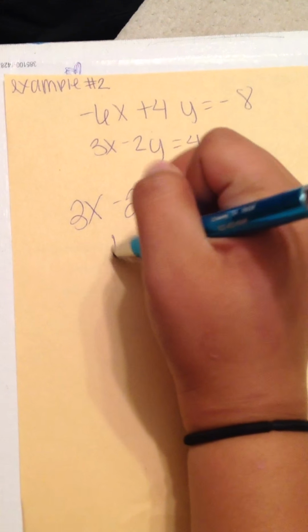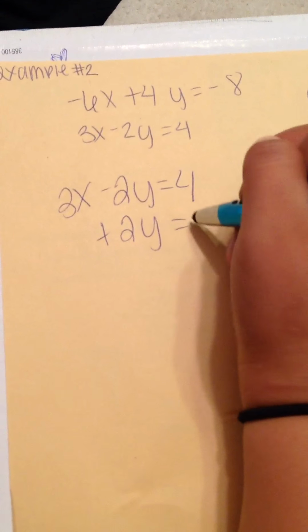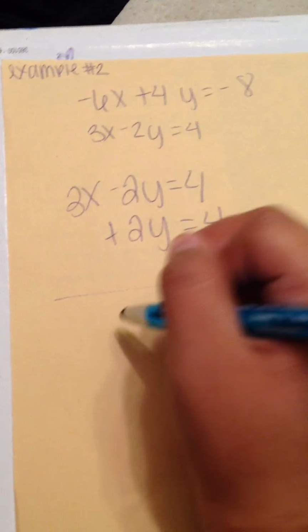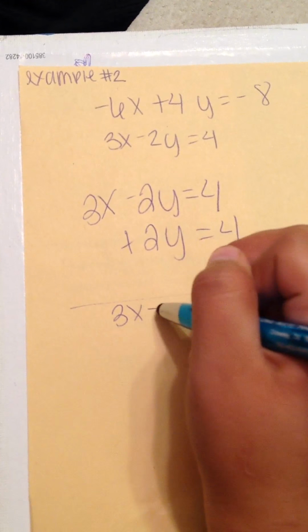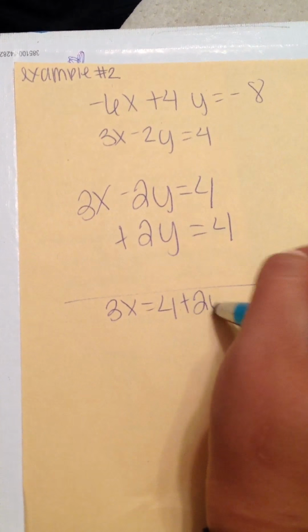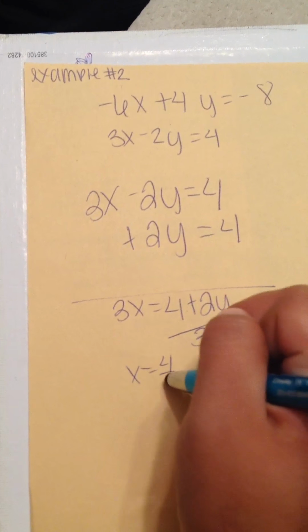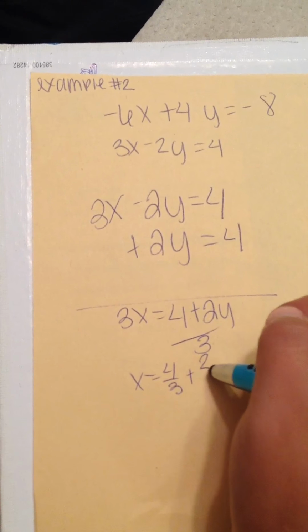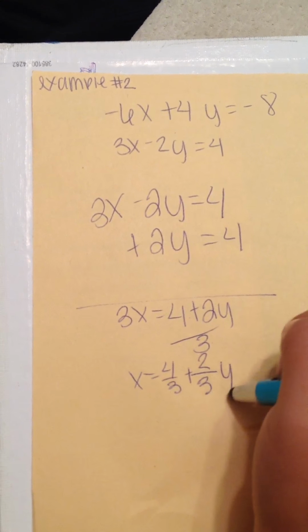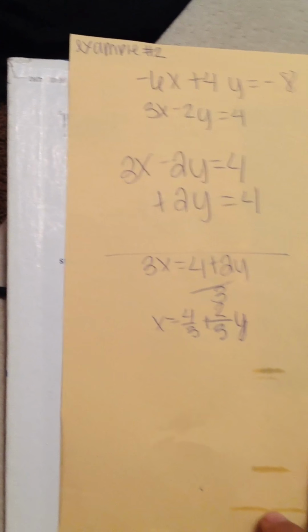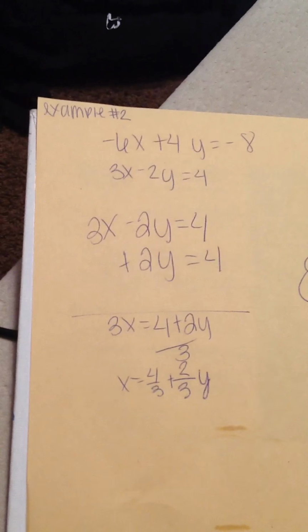So I'm going to move the 2y over, and 3x equals 4 plus 2y. Divide by 3, so x equals 4 over 3 plus 2 over 3 y. It looks difficult, but believe me, it's really easy when you try it.